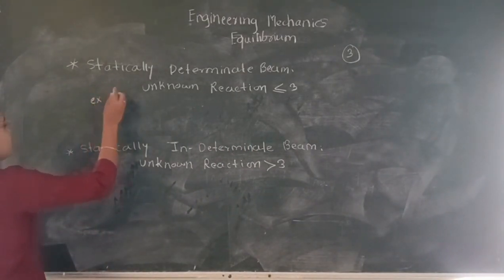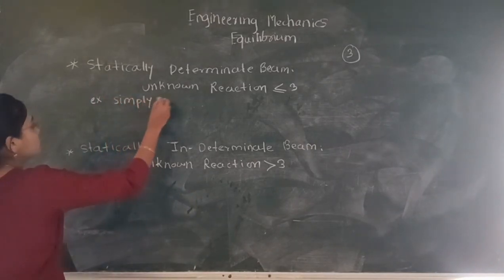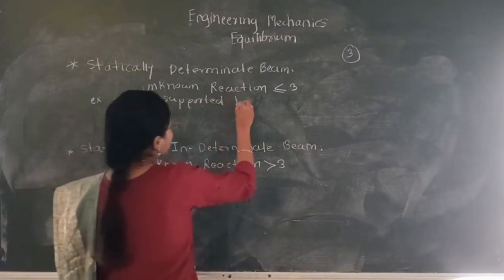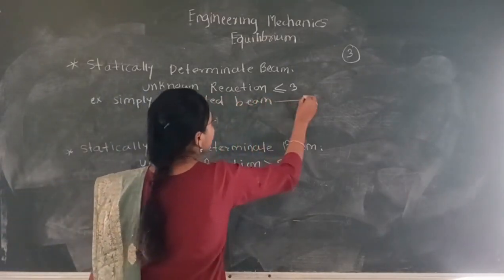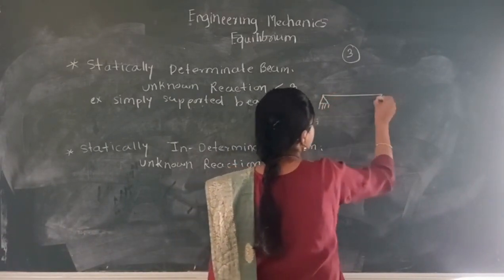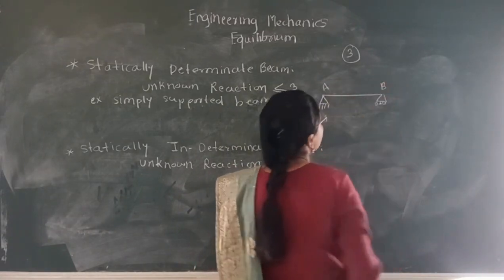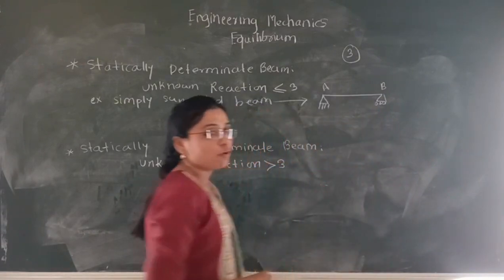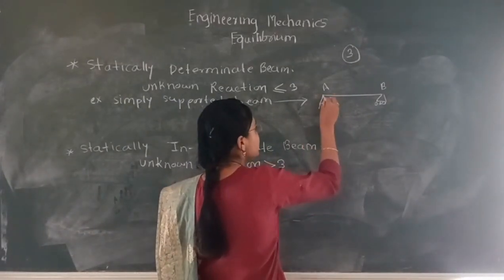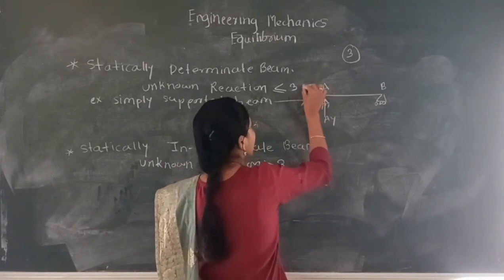For the first example we can take a simply supported beam. A simply supported beam has one end as a hinge support and the other as a roller support. So draw the free body diagram for this beam. As the support is a hinge support, the number of restricted reactions will be 2, that is AY and AX.